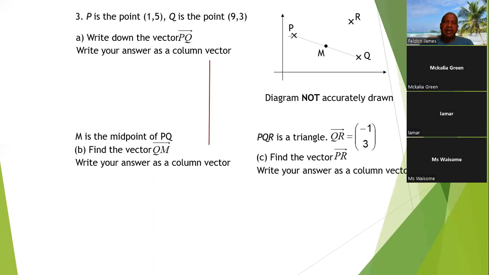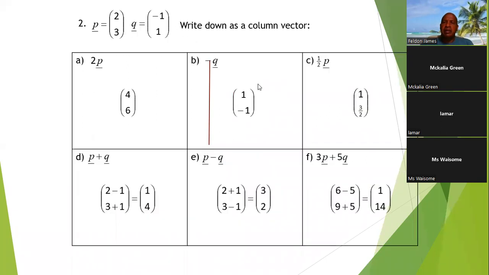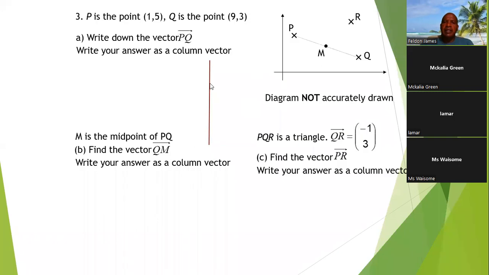So we have 1, 5, and 9, 3. The space here is a little tight, but I'm going to try to fit it in.